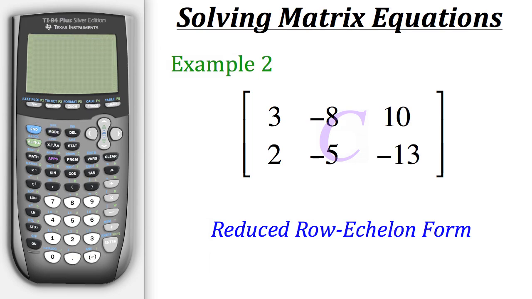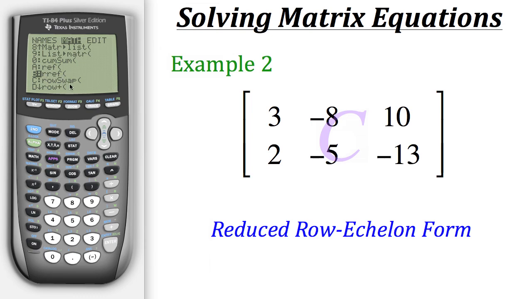So now that we've done that, we need to put it into reduced row echelon form. Now the way we get to that is to go back to our matrix feature, and then go to the Math tab. Now at the very bottom here, or close to the very bottom, we have option B, which has RREF in parentheses.